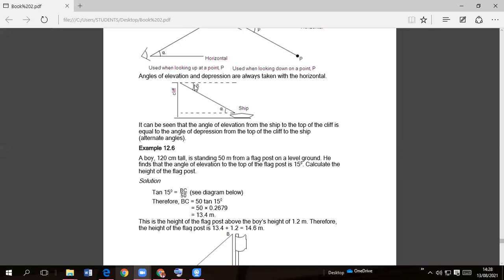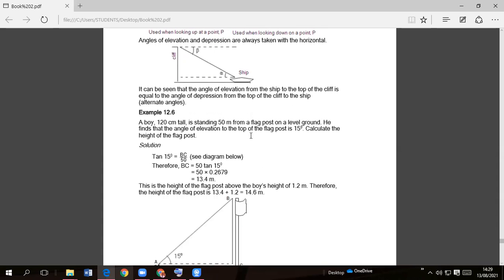And someone who is on the ship and is trying to look at someone at the top of the cliff will elevate his eyes to see the person at the cliff. So the person at the ship will look at that person on the cliff at an angle of elevation, which is alpha.